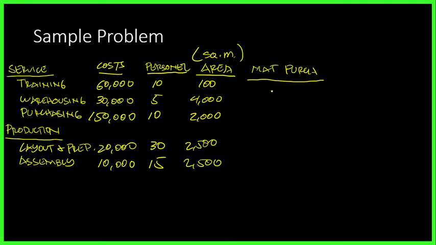Okay, now for materials purchased, let's assume that the purchasing department only caters to your production department. So this one will be, let's say, 60,000 and then you have 40,000.